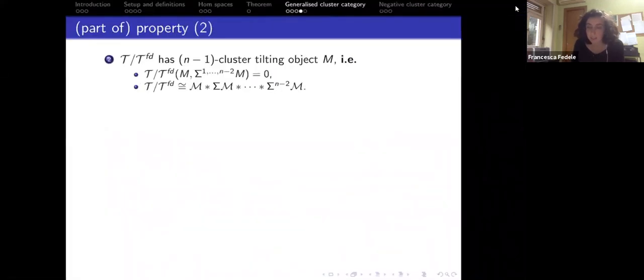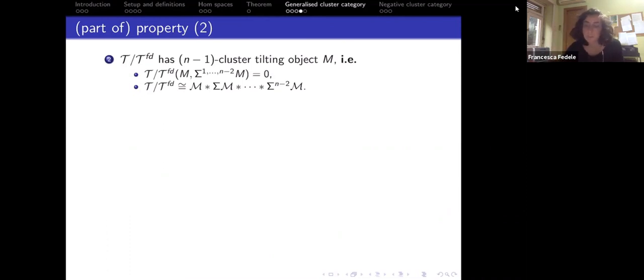For the last property, which is property 2, we want to prove that this T over TFD has n minus 1 cluster tilting object M, and that means we have these two properties. Well, this is not the original definition of n minus 1 cluster tilting object, but it's equivalent.